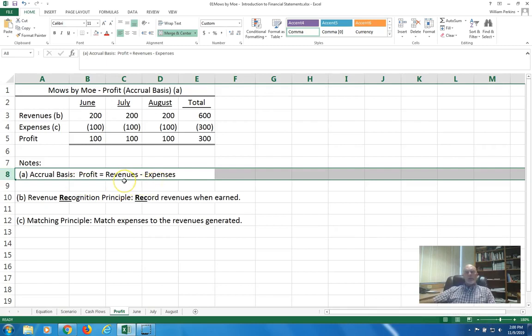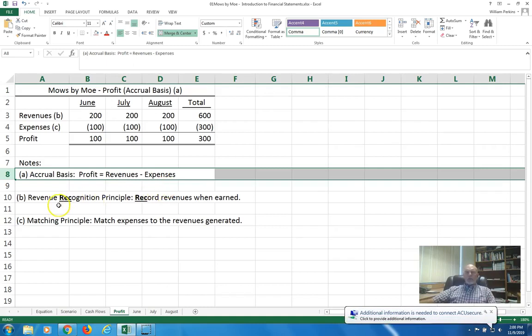Revenues are the amounts that you earn from providing a service to your customer or selling them a product. And in the process of doing that, we incur various expenses, we use up different resources, and revenues minus expenses, that's what we call profit.